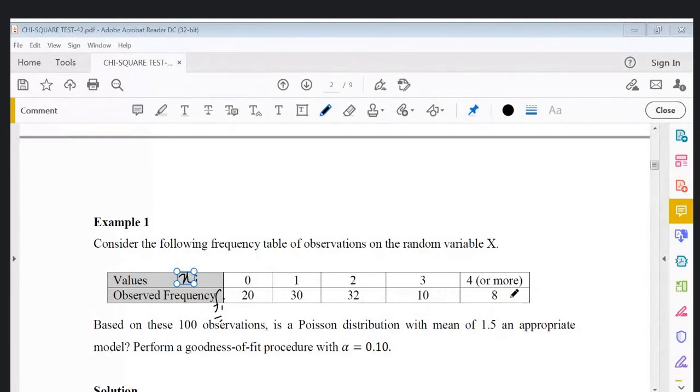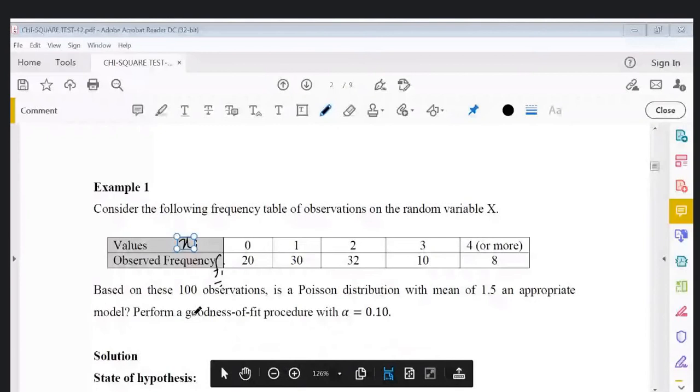Based on 100 observations, the total observation is 100.